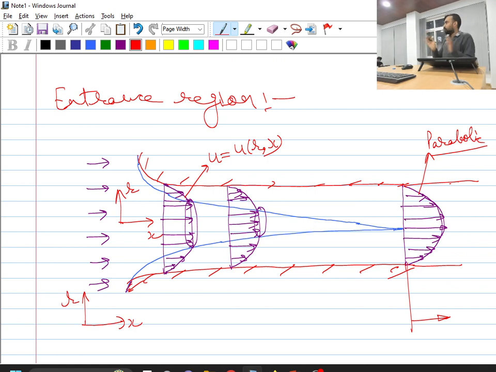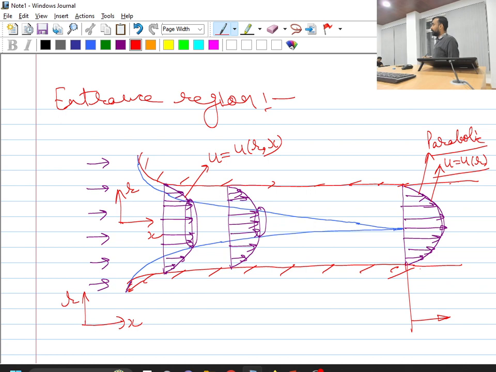At the center portion velocity magnitude is increasing as we move along the length. So that's why in this zone, velocity is a function of both r and x. But after this point, if you plot velocity at any x location, you will have the same velocity profile. So it means that after this point, velocity is only a function of r.